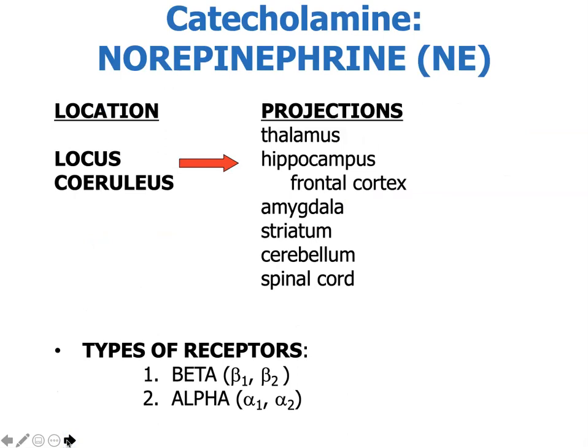Okay. We also then will move into norepinephrine. So noradrenaline or norepinephrine, which primarily we will see the use of as a neurotransmitter in the locus coeruleus. This is going to be found in the pons.